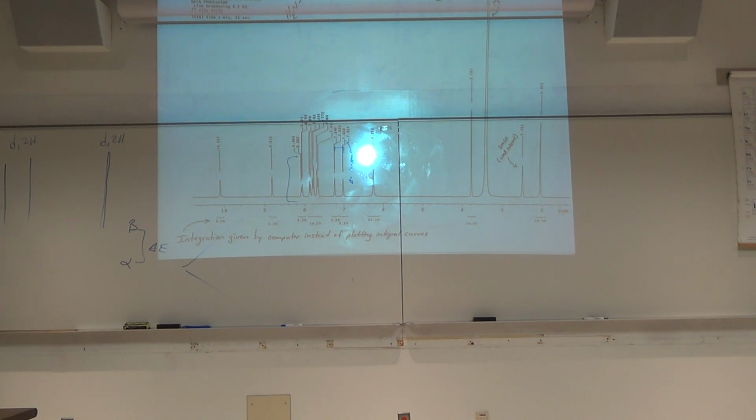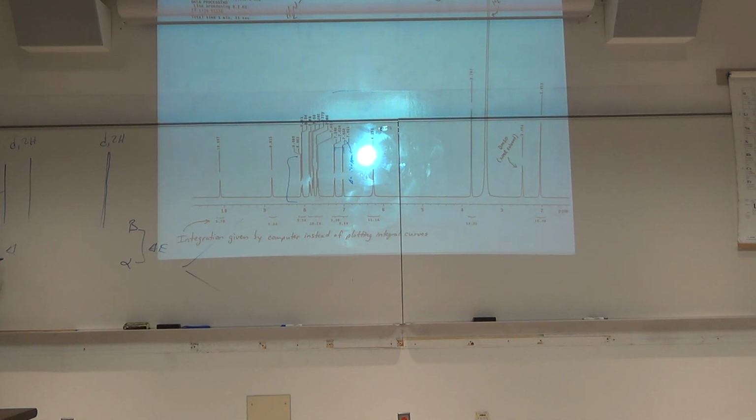Versus 300 megahertz. That's a larger magnet. If you're using this, your delta E may be pretty small. What if we use a magnet that is 5 times larger? Delta E is going to be this.